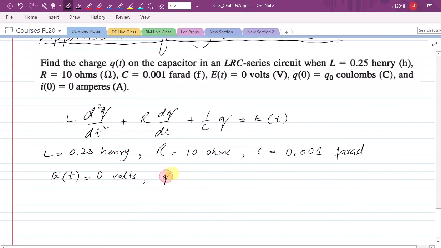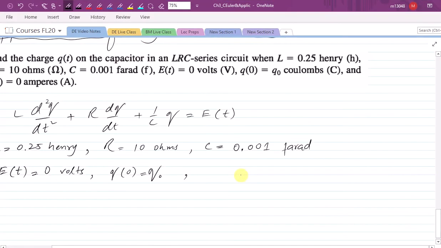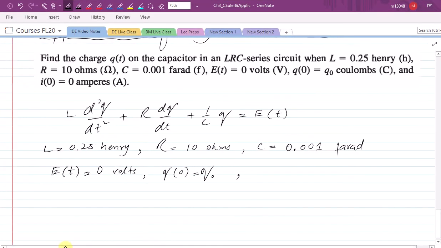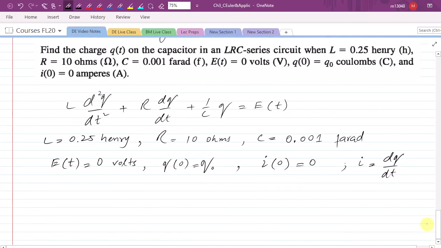We have Q of 0 equals Q naught. That is our first initial condition. We need two of them because our equation is second order. And we are also given I of 0 equals 0. Remember that in these problems, I equals dq by dt or q prime. Okay, right. So we have all the data we need.